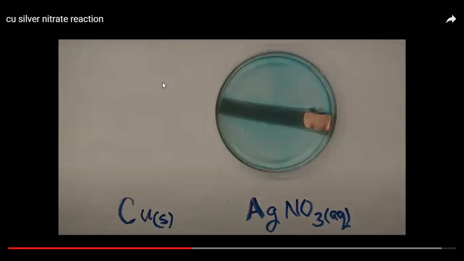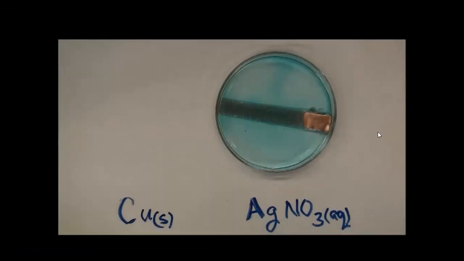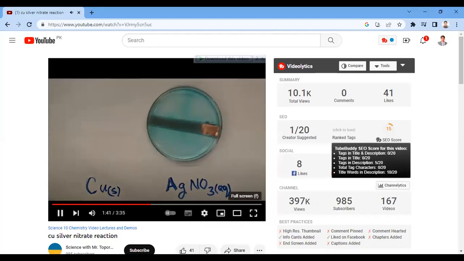Now, are you noticing the change in color of the solution? After several minutes, you can clearly notice it. It's clear that copper nitrate has been produced and is released into solution, and the strip of metallic copper now is covered with metallic silver.